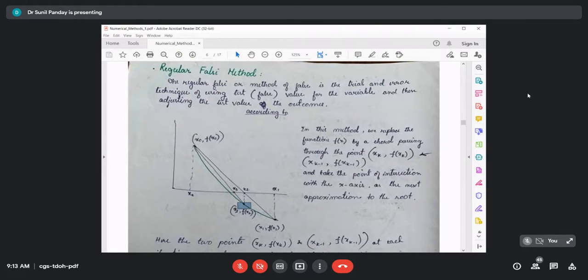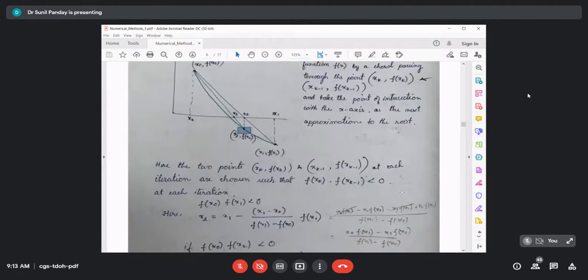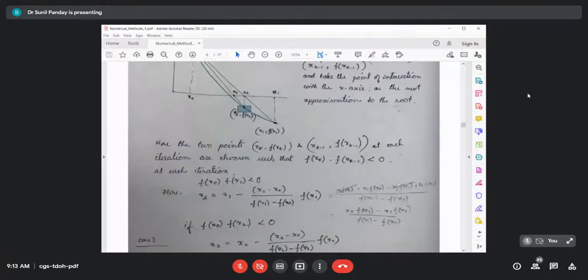So in this method, we replace the function f of x by a chord passing through the points x k, f of x k, and x k minus 1, f of x k minus 1, and take the point of intersection with the x-axis as the approximation of the root.